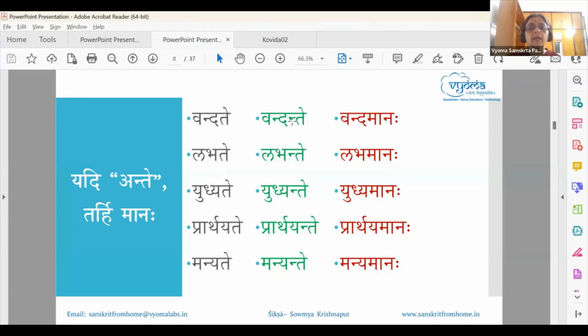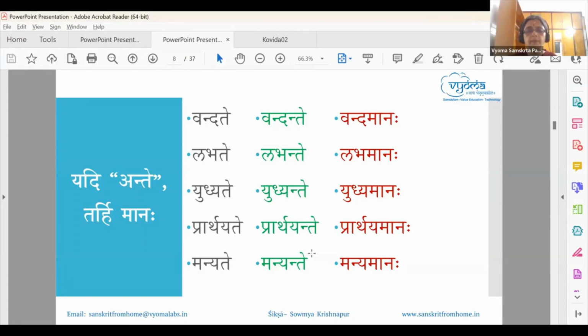Similarly, in the bahuvachana form, vandante, labhante, yudhyante, prarthayante, manyante, if you hear the nakara, then you will get a makara here. So this is also an indication that it will get the mana. You can use either of these.